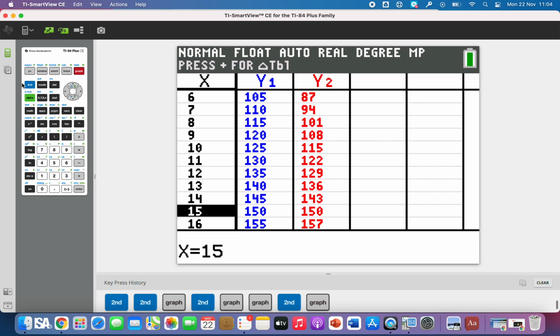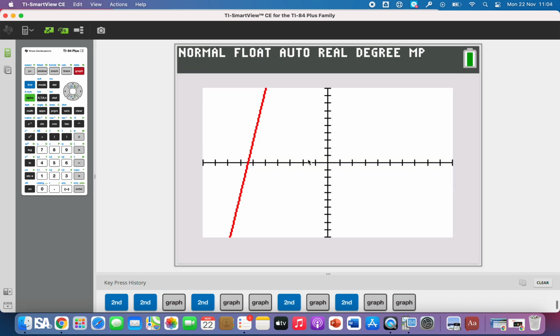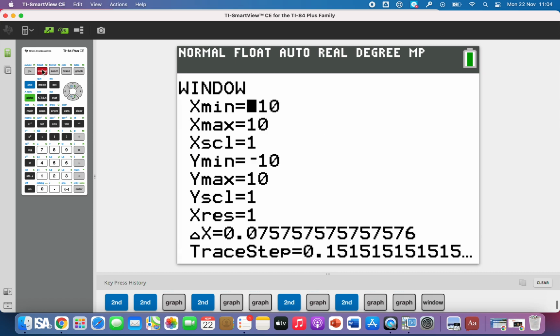So to see that on a graph, you need to adjust the window. You basically have all this information. The x minimum is the smallest possible x value, x max is the maximum x value.